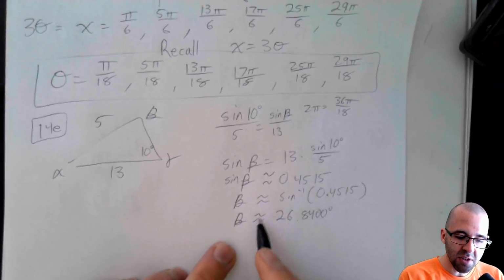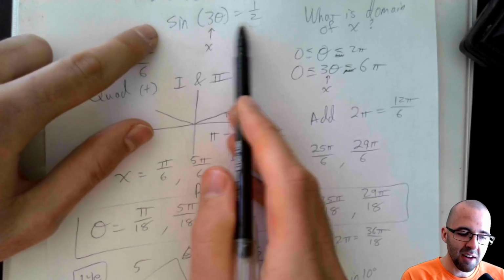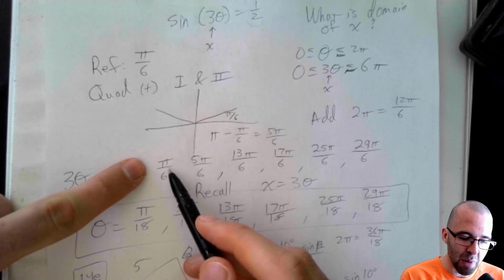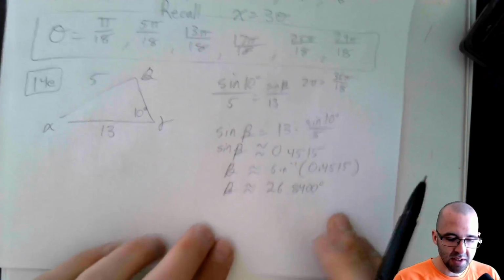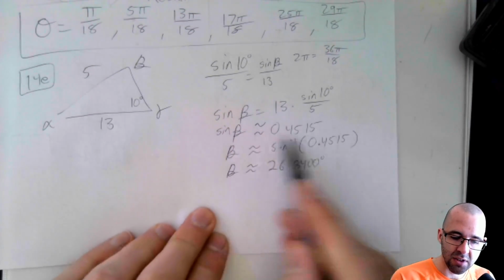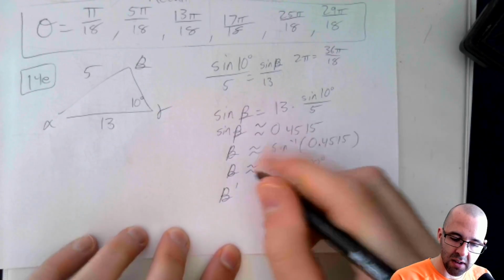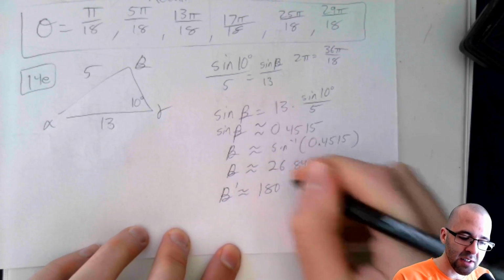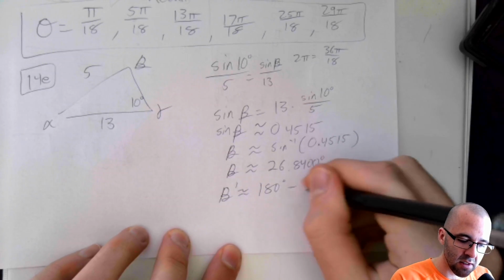But remember, that's only one solution of this equation, just like before, right? We said sine of x is 1/2, so x is pi over 6 or 5 pi over 6. Well, this is only one answer of this equation. The other answer is beta prime, which would be 180 degrees minus that, just like how we got 5 pi over 6.